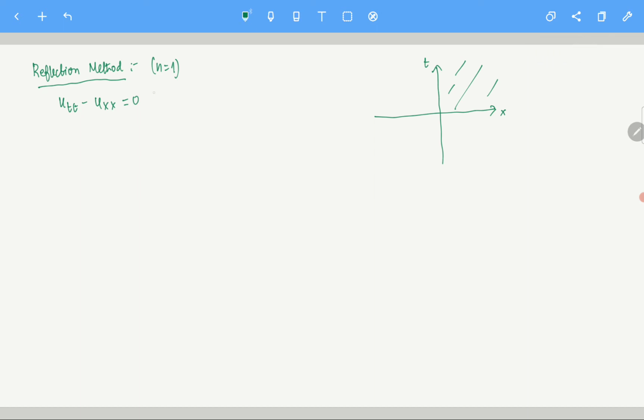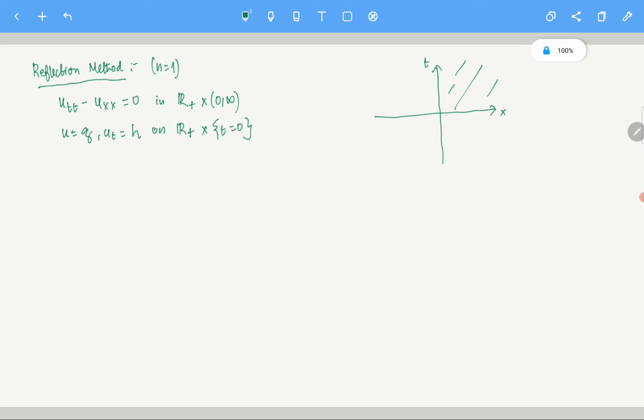This is in R plus cross 0 infinity. U is going to be G and ut is going to be h on R plus cross t equals 0.